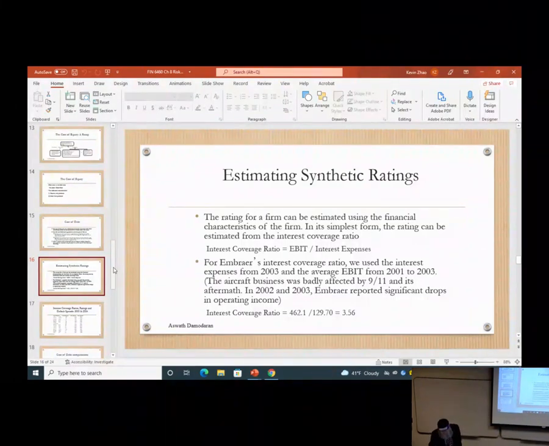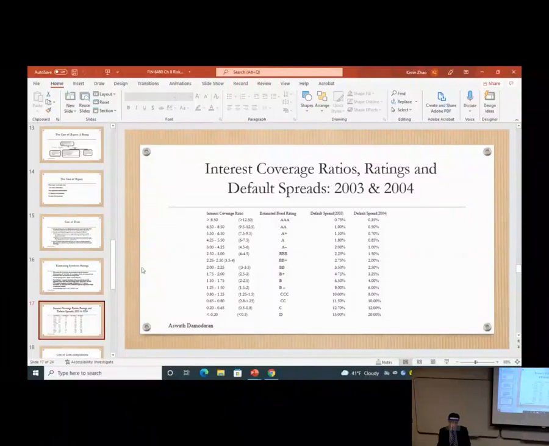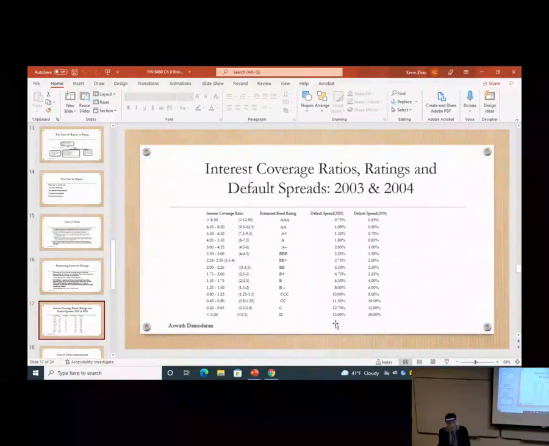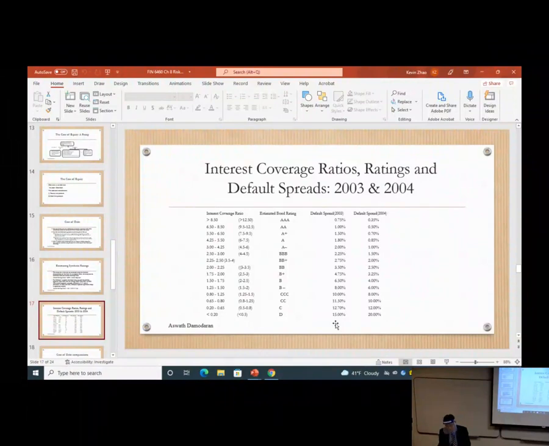We look at comparable companies. And how do we find those comparables? We look at the financial ratios. On the market, we have different bonds with different credit ratings, and bonds with different credit ratings have different default spreads or different yields. Those yields are the year to maturity or cost of debt.